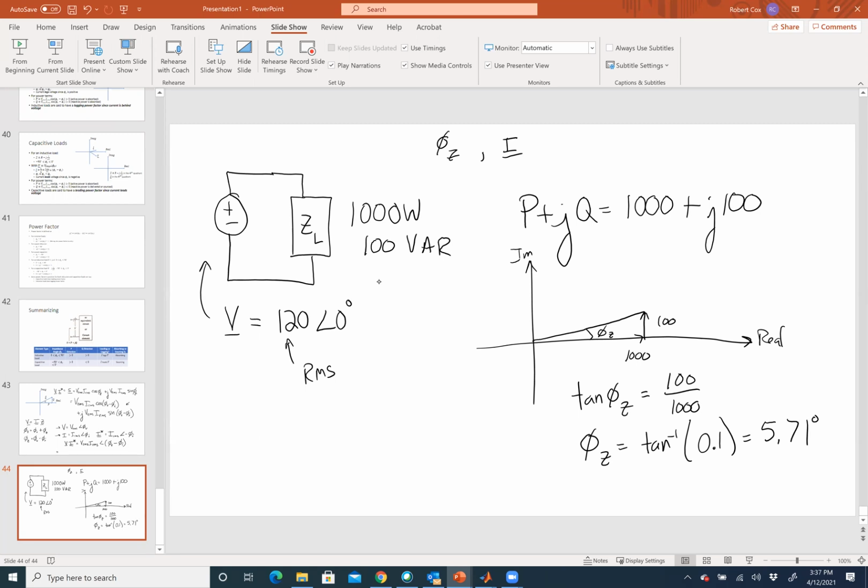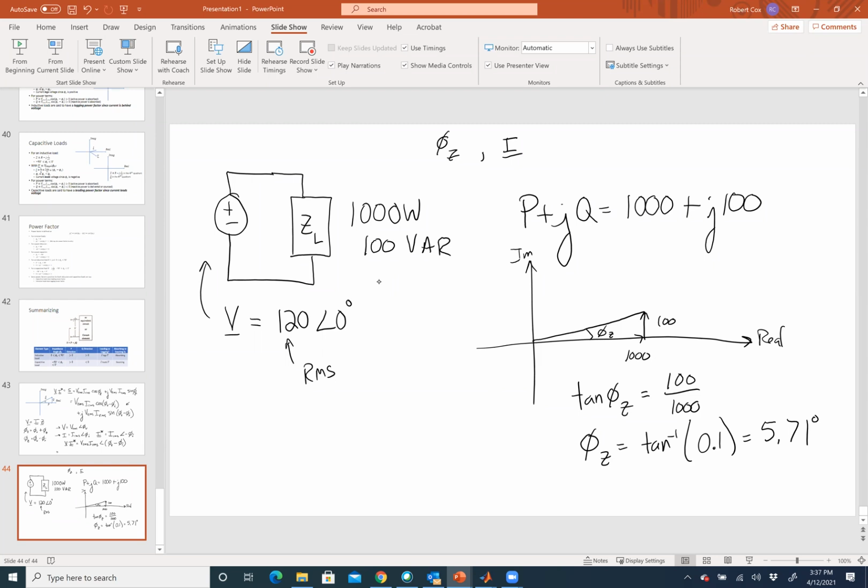Okay, so I've got what that is. Now, how would I figure out the vector for the current? How can I relate this to the vector for the current?